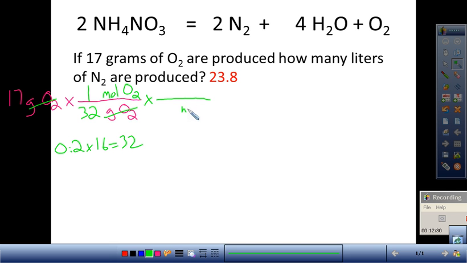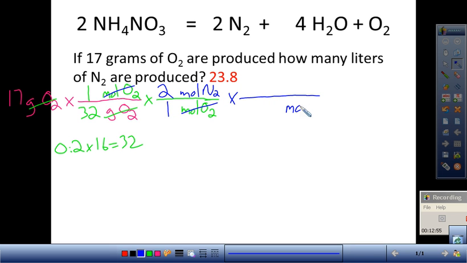So whatever unit's here, go down here. Now from oxygen, I can change it into nitrogen. That's a mole-to-mole ratio. So I have 1 O2 for every 2 N2s. Cross off these because they're the same. Moles of N2, but I want liters, so I got to keep going.